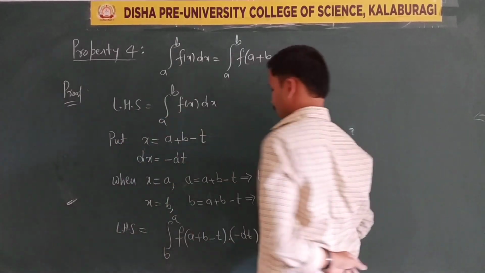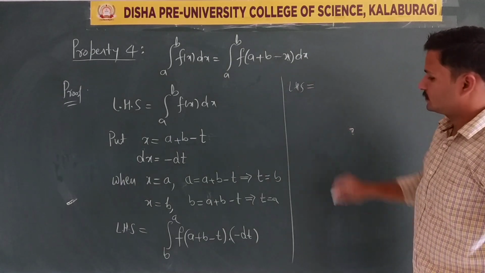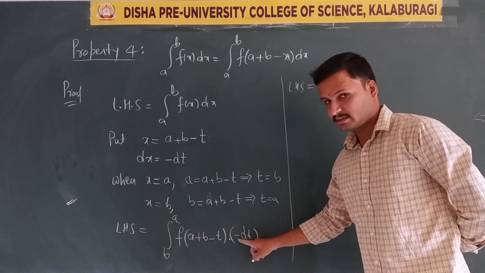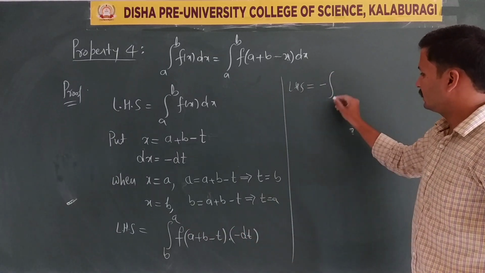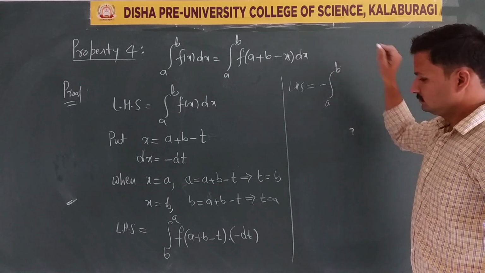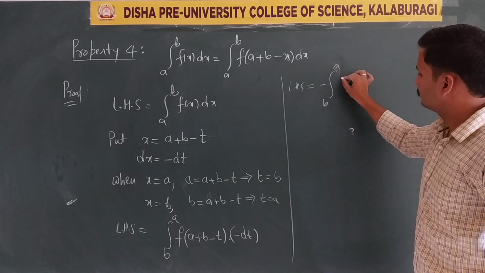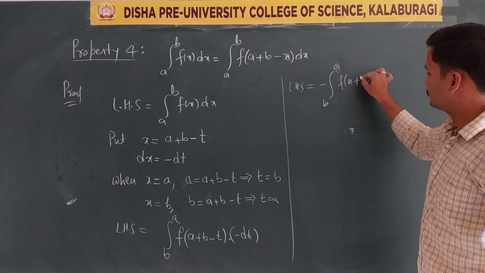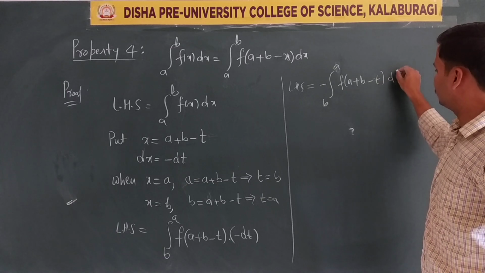So now LHS is equal to, see, the minus sign is there with dt, so take it outside the integral, that is minus integral from b to a of f of a plus b minus t dt.